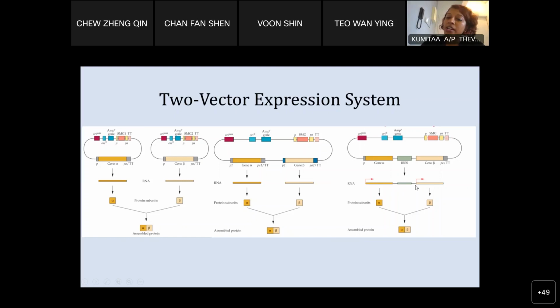So you actually get both alpha and beta being expressed sort of under a different promoter. So they're expressed at the same amounts, and you do get an assembled protein of alpha and beta at the end. So again, by preference, the one on the most right is preferred, but the one on the most left is also okay.